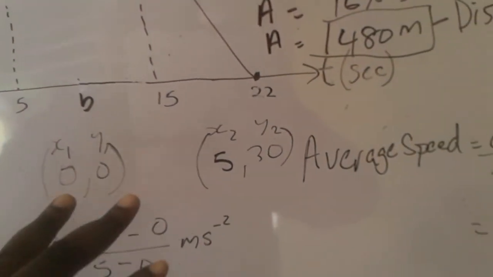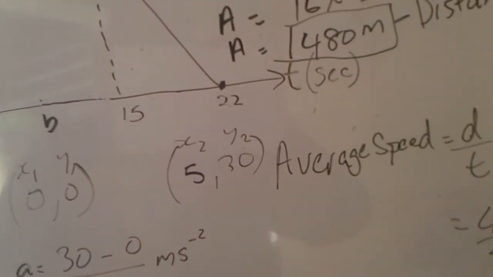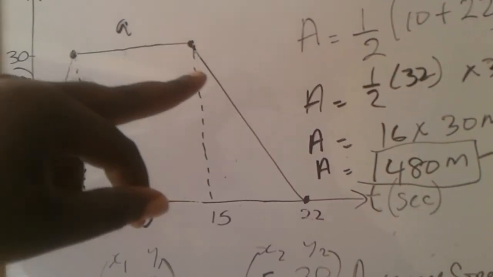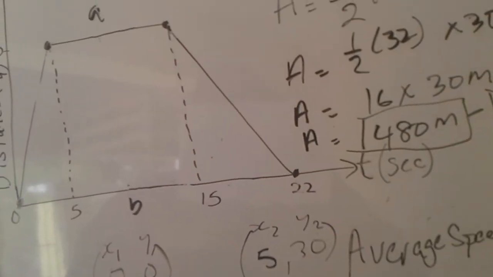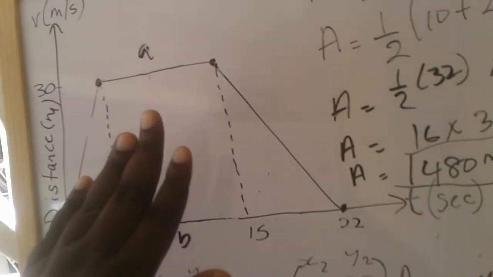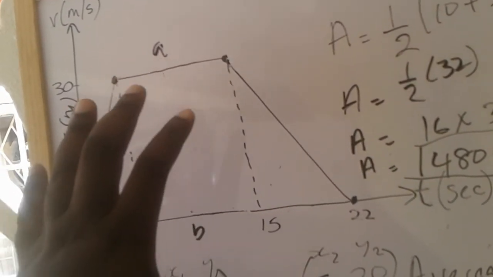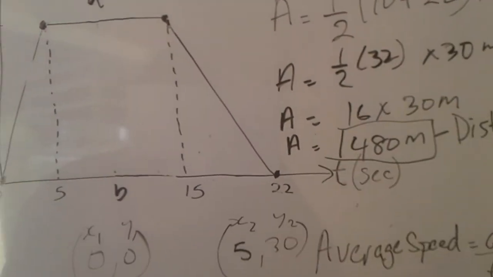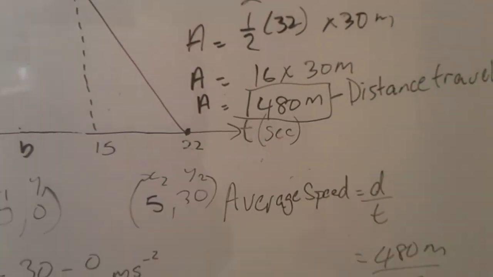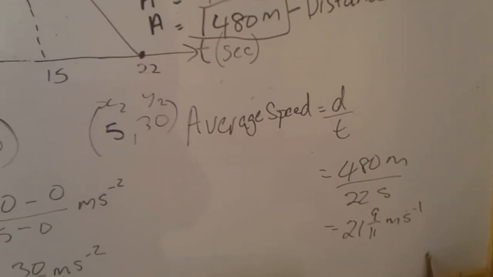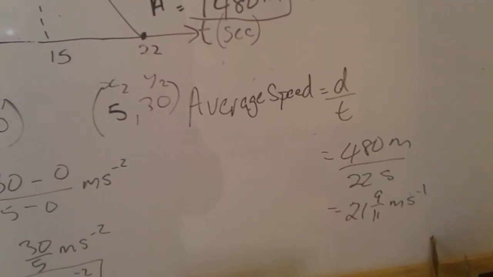I did the same thing for the deceleration: take the 2 points that are there, find the gradient. To find the distance traveled, we find the area of the polygon that we have here. And once we know the distance traveled, we divide it by the time taken to find the average speed for the entire journey. And that is basically a velocity-time graph.